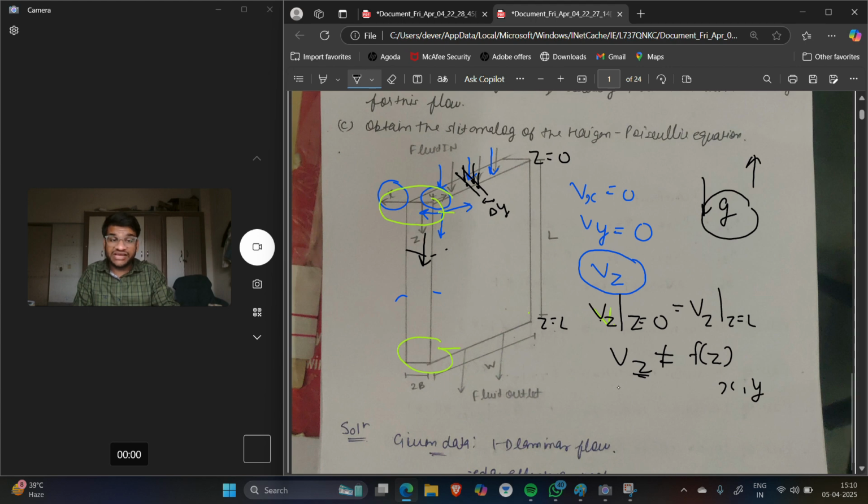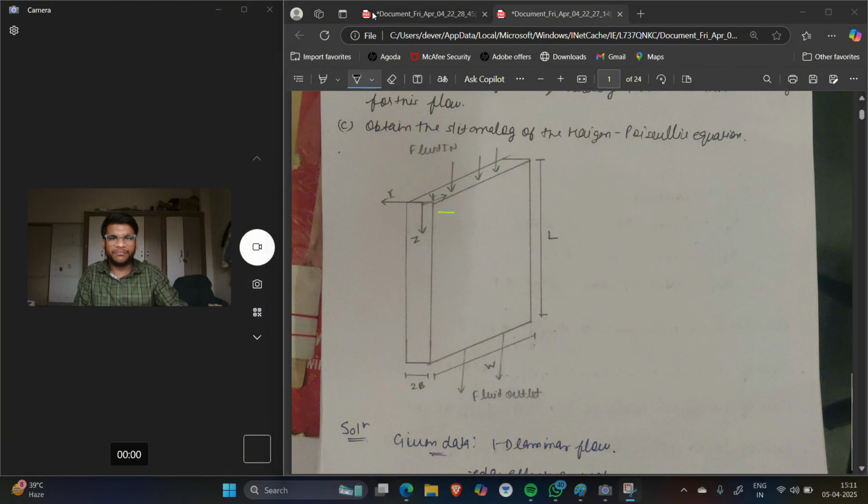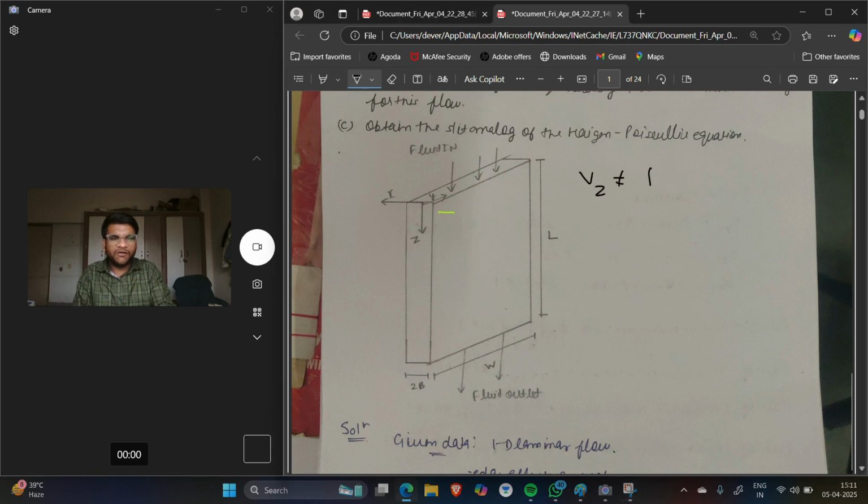So my vz will not be a function of y either. Now let me rub all this. So we have understood that vz is not a function of y and z.